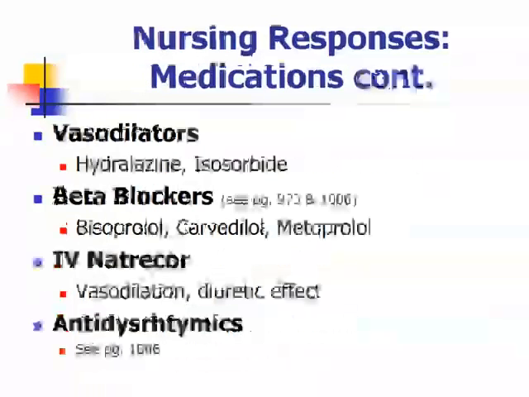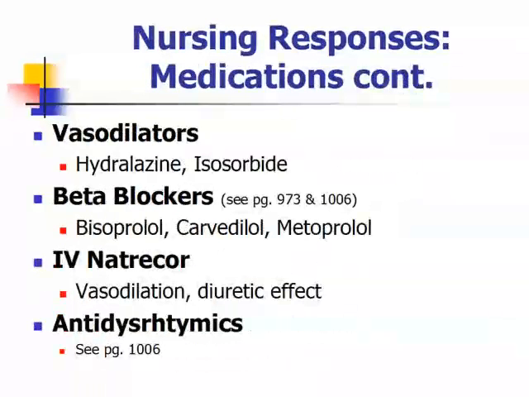patients. Some other medications used are vasodilators, beta blockers, and IV Natrecor, which has a dilator and diuretic effect. It's indicated for acutely decompensated heart failure. This particular Natrecor is a human B-type natriuretic peptide, BNP.